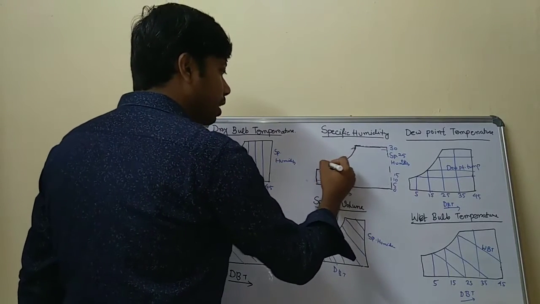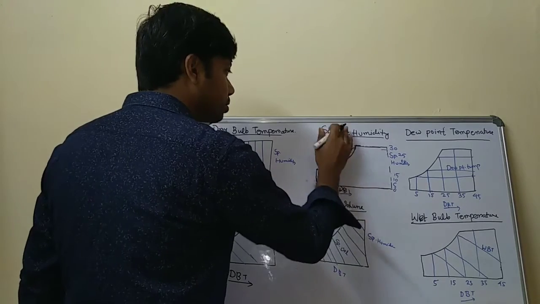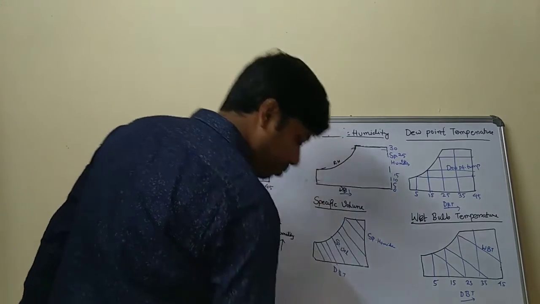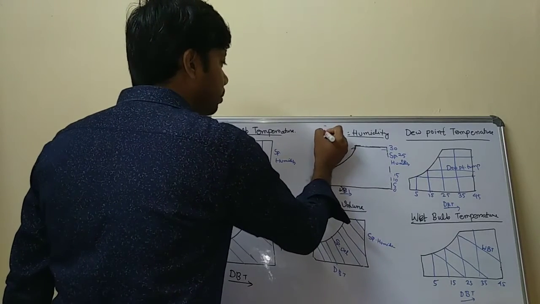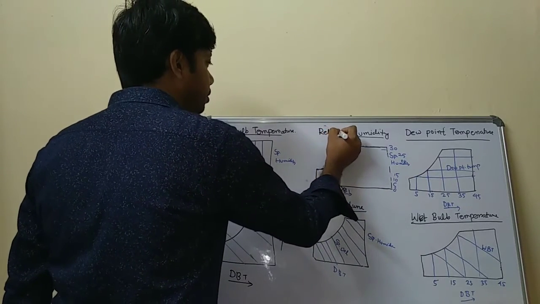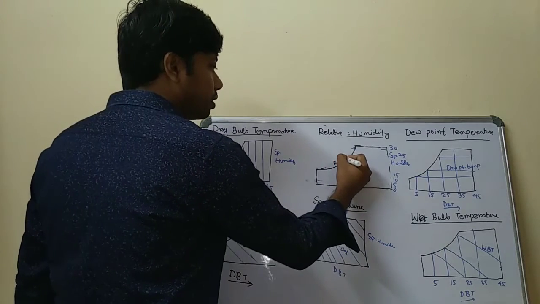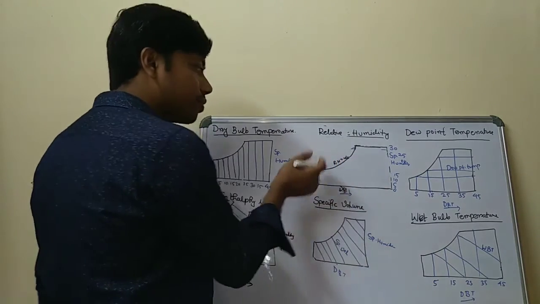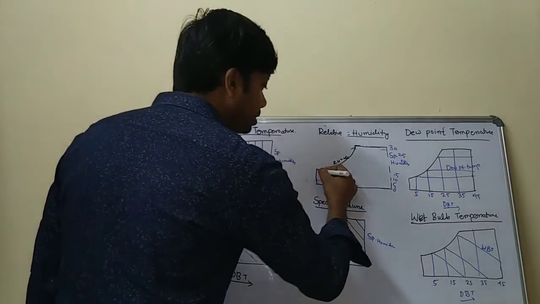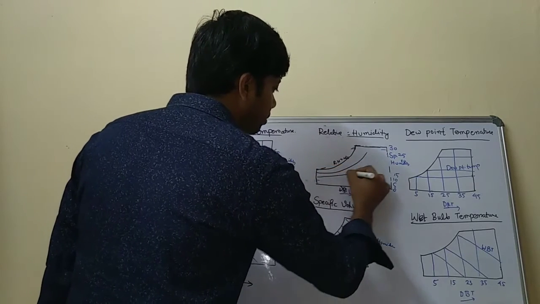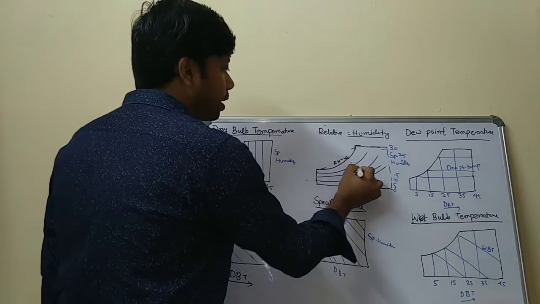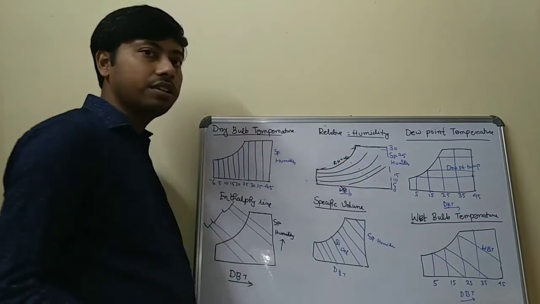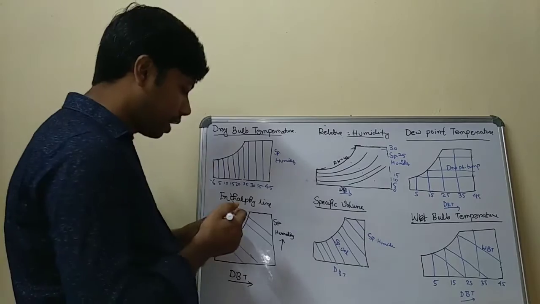This is the relative humidity line, RH. Here this line indicates the saturation curve as well as relative humidity 100%. Similarly, this type of line indicates your relative humidity lines, like 90, 80, 70, 60, 50, 40, 30, 20.